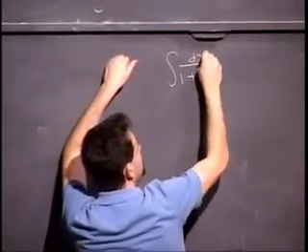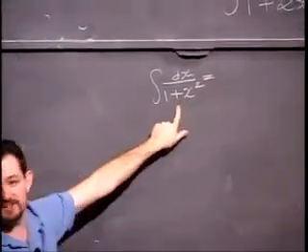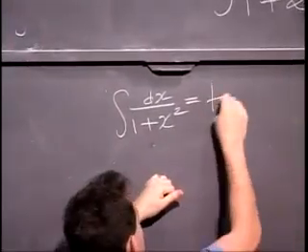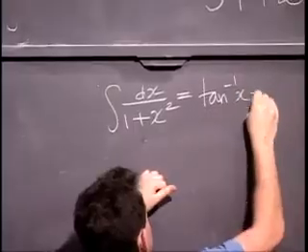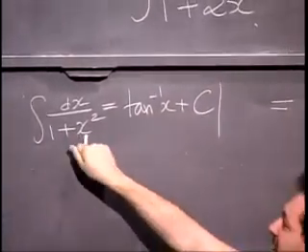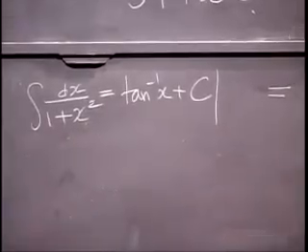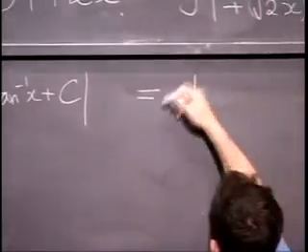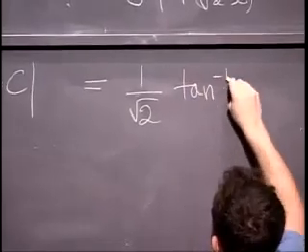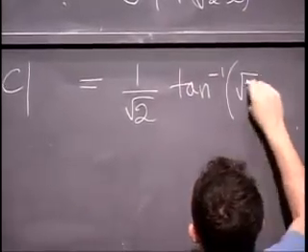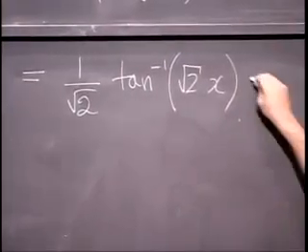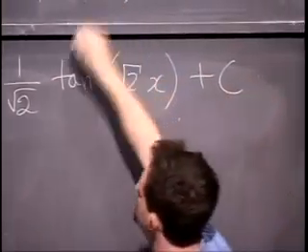You can put the dx on the top if you like. What function has that derivative? Inverse tan, arctan, same thing. So given that formula, all I've done is replace the x by root 2 times x. So this is going to be 1 over root 2. You've got to divide by root 2. Inverse tan of root 2 times x plus a constant. That follows.